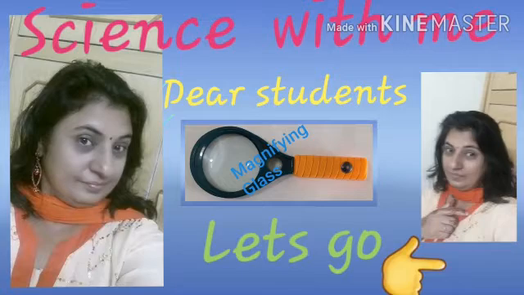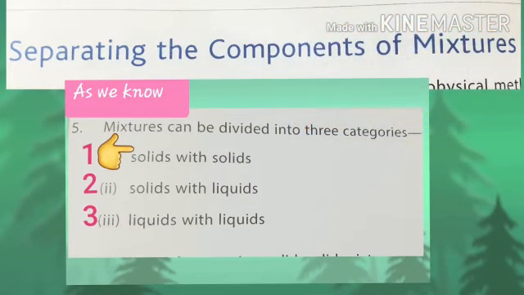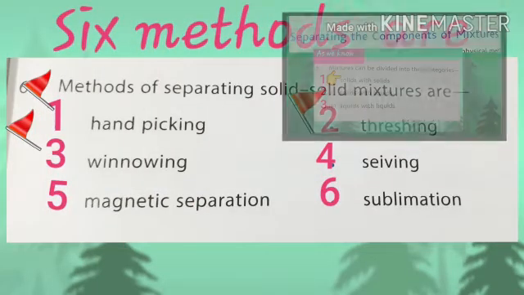Let's go. As you know, we are doing the second half of our chapter, separating the components of mixtures. We put the mixtures into three categories, that is solids with solids, solids with liquids, and liquids with liquids. And we are doing the first type of mixtures, that are solids with solids.